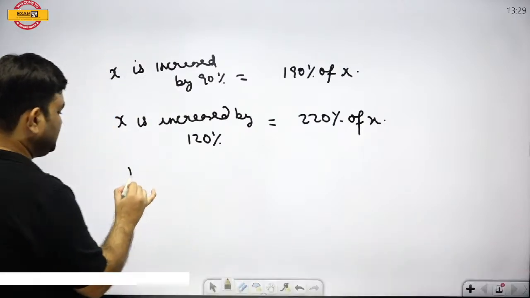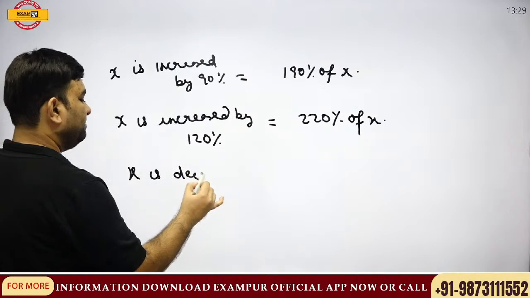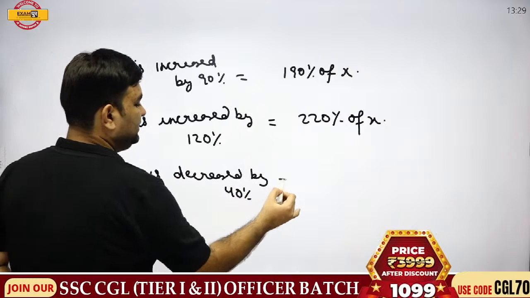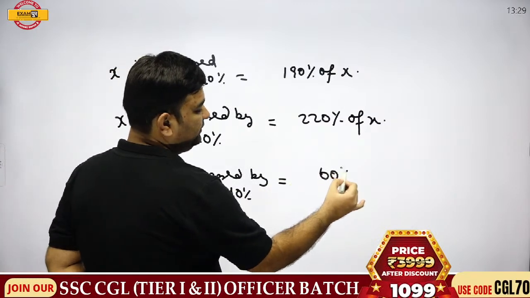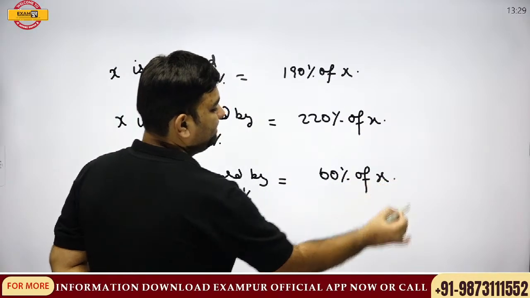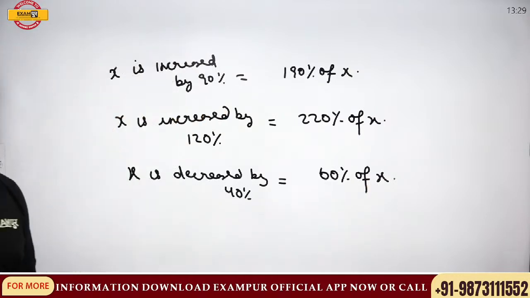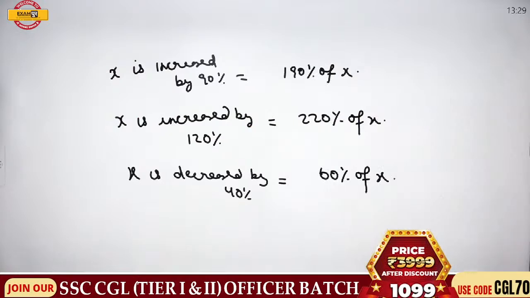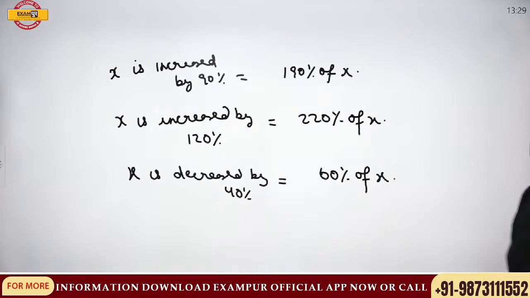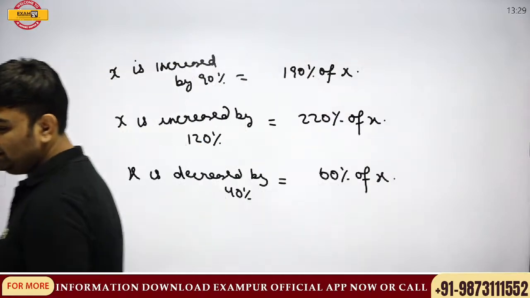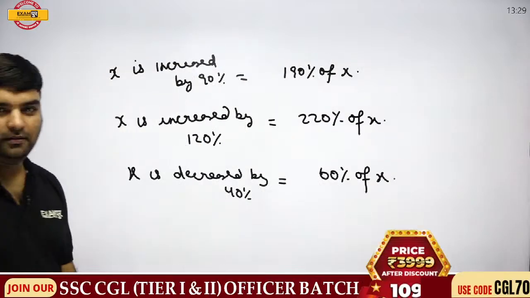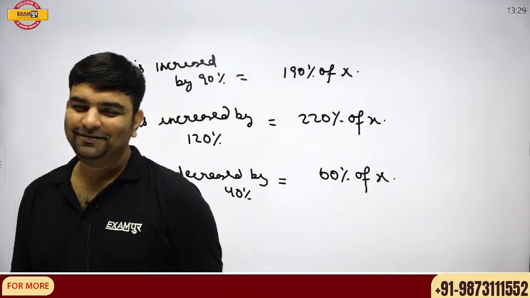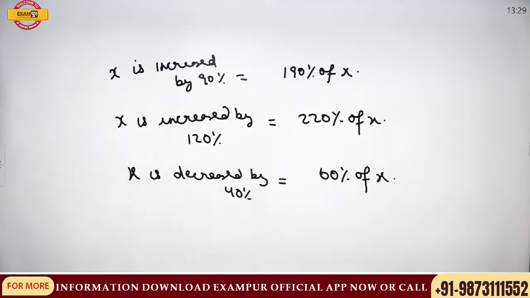X is decreased by 40%. It has become 100 minus 40, 60% of itself. It's a must. It's absolutely a must. Great. Let's move on.